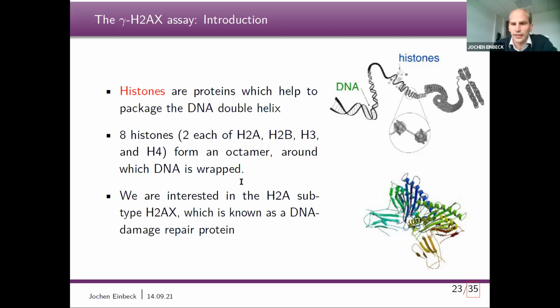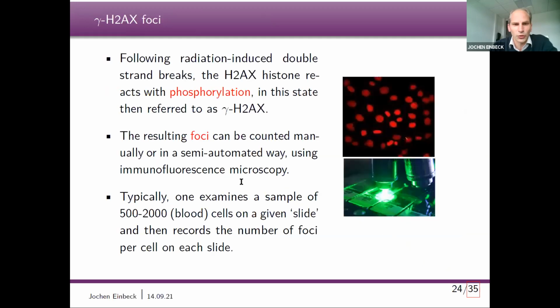So as soon as there is some damage in the body, that H2AX protein tries to solve it. It is known that if a radiation-induced double-strand break has occurred, the H2AX histone reacts with phosphorylation. Chemically, that is the addition of a phosphoryl group to the protein.